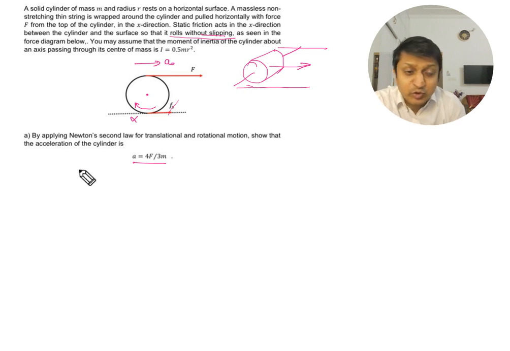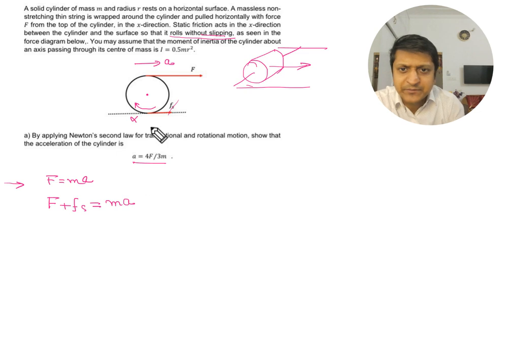There are two methods for this, and we will go for both of the methods in this question. First method: we all know that F equals ma. So all the translational motion we will take into consideration, where F is the force, and this F is in the right direction, so we will add that, and that will be F plus Fs equals ma.